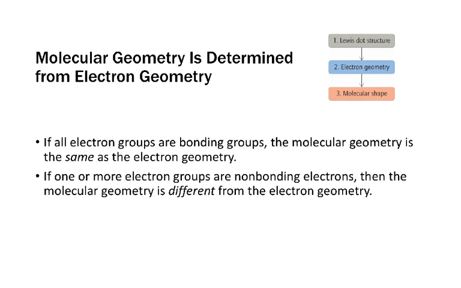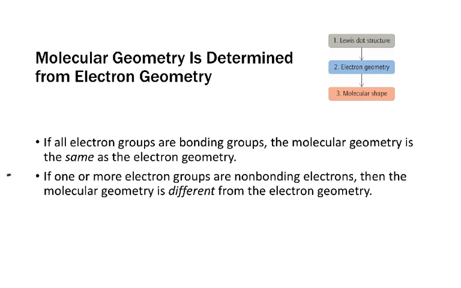So here's a couple ideas. If all the electron groups are bonding groups, then the molecular geometry is the same as the electron geometry. So if there are 4 electron groups and all 4 are bonds, then the shape is tetrahedral.